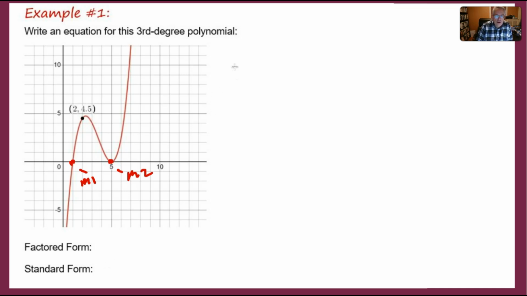All right, so if I know those roots, that means that we have factors x minus 1 and x minus 5. And since the root 5 has multiplicity 2, we're going to make this squared. In addition to this, we could also have a number multiplying out front, and we represent that with a. So the basic pattern is y equals a times x minus 1 times x minus 5 squared.